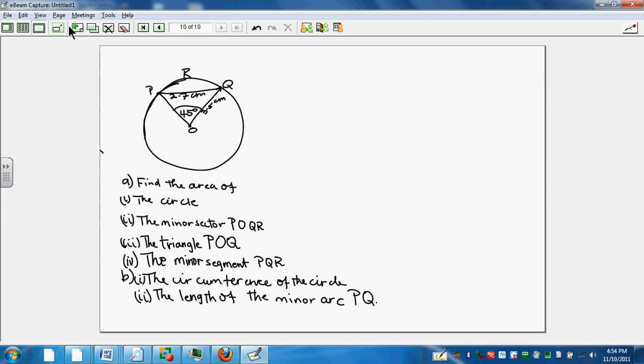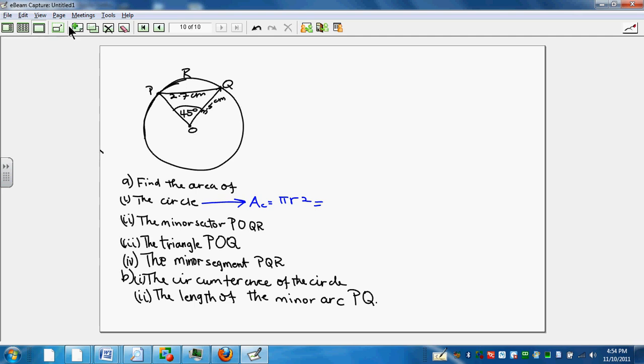So to find the area of the circle, we could say area of the circle is equal to pi r squared. What are we going to use for pi? Well, we could use 3.142, we can use 22 over 7, or we could use the pi that is on your calculator.